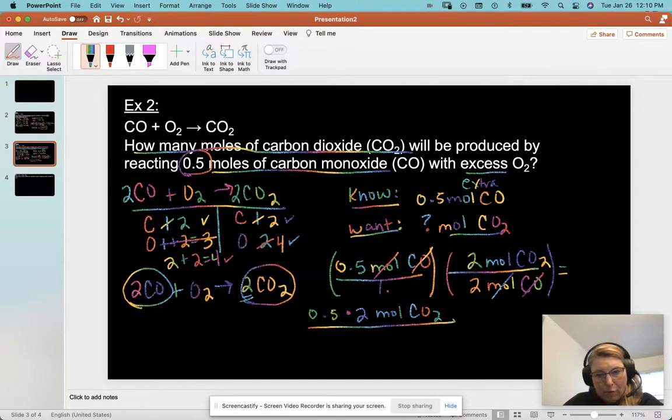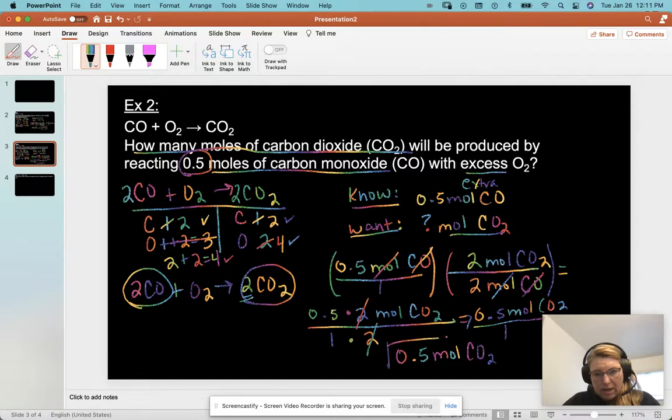The bottom, I'm going to have 1 times 2. Now see how I have 2 on the top and 2 on the bottom? That means I can cancel these out. So this simplifies to 0.5 moles CO2 over 1, which is just 0.5 moles of CO2. And that, my friends, is our final answer.